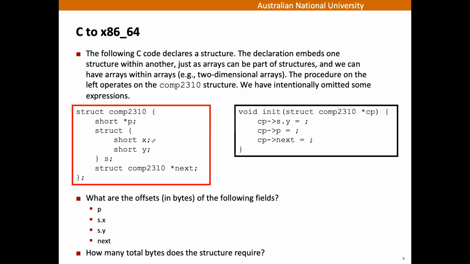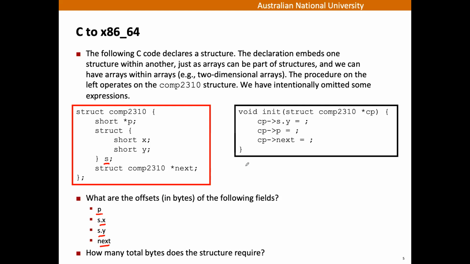So as a start, what are the offsets of the following fields? P, s.x, s.y, and next. And s is our struct that is embedded inside the struct comp2310.